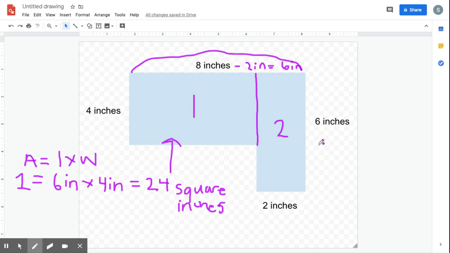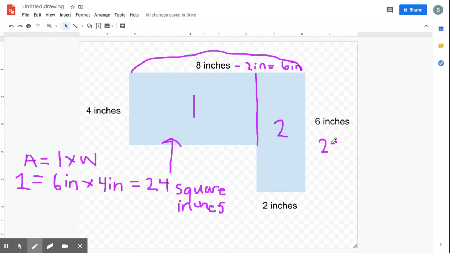All right, now I have to do shape 2 over here. This one should be easier because I have a side that's 6 inches. I don't have to cut anything off because I have this whole rectangle over here, and then it has a width of 2 inches.